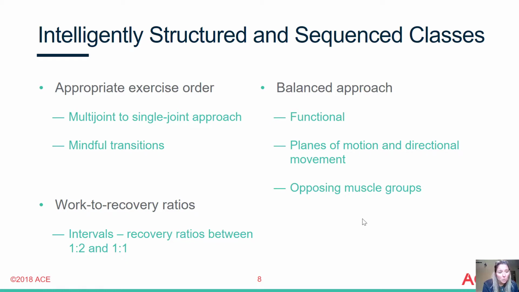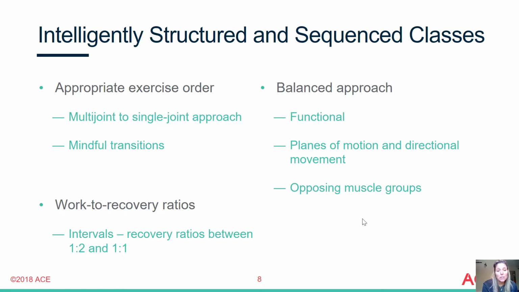And lastly, your work to recovery ratio. Be careful of your intervals. A lot of times we want to give appropriate recovery in between exercises. For example, if you're doing a circuit-based class and your work interval is 30 seconds, a 1-to-1 ratio would be 30 seconds of work and 30 seconds of rest.